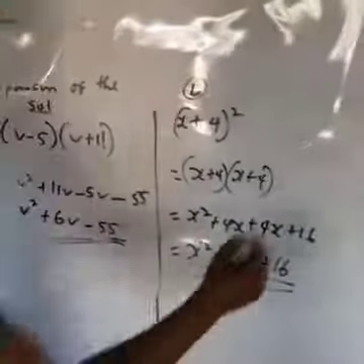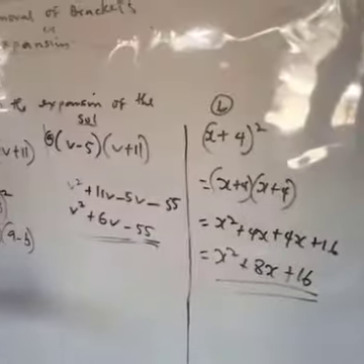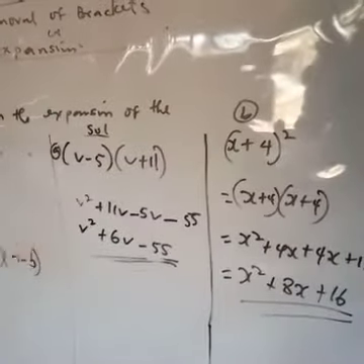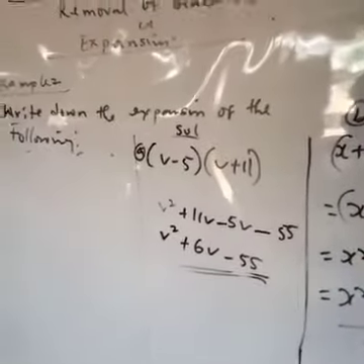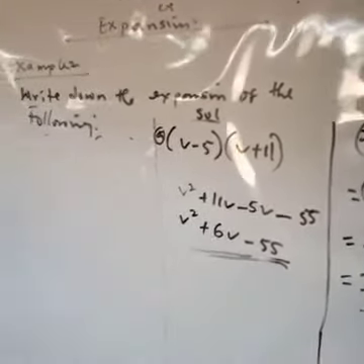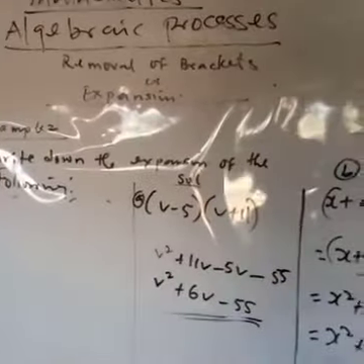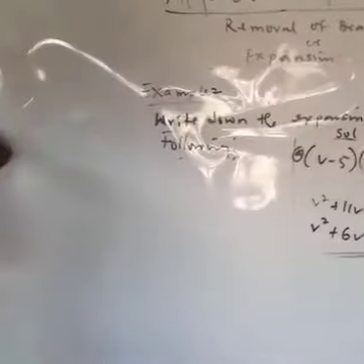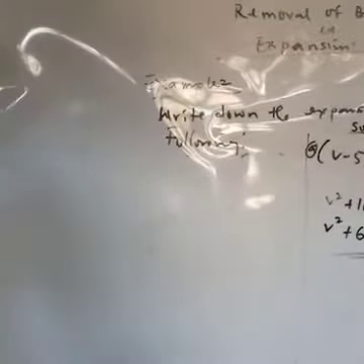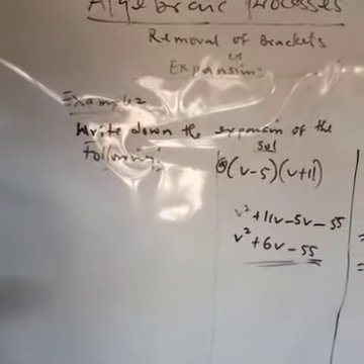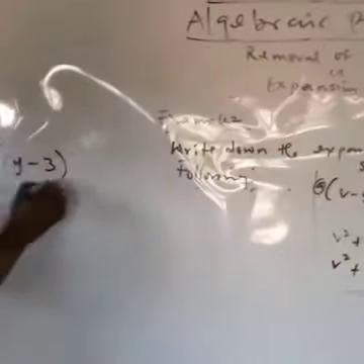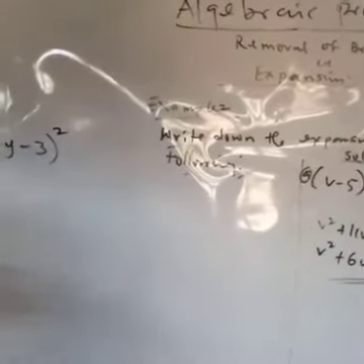Let us quickly go to C. Well, C says (21y minus 3) squared.